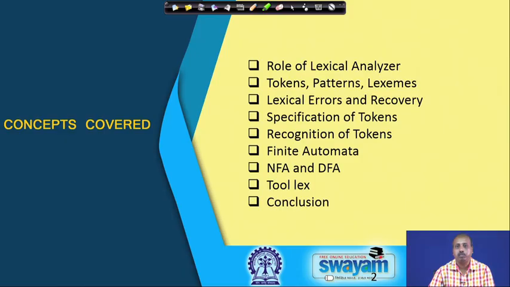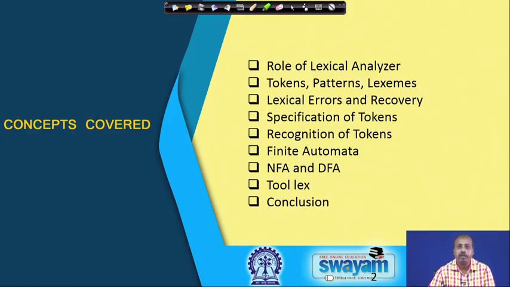Then how are these tokens specified? That is one important thing, and there can be different rules in the programming language that will tell us how we can define different tokens. For example, the identifiers in a programming language have a particular format. If you consider the URL of different websites, it has a particular format.